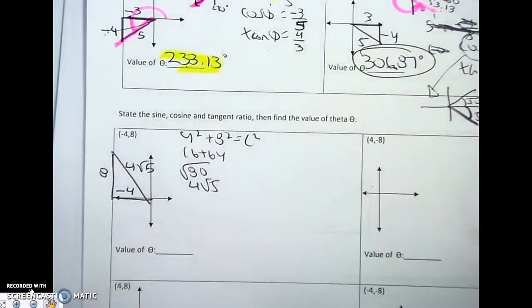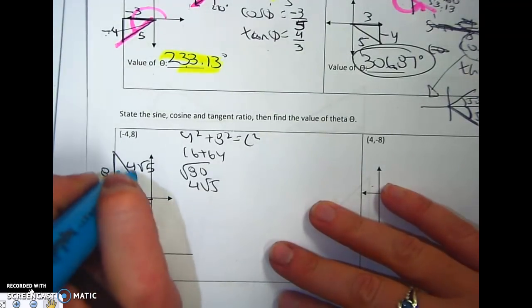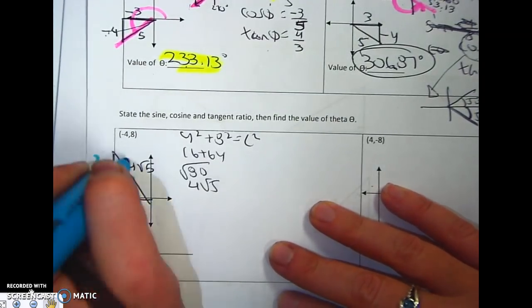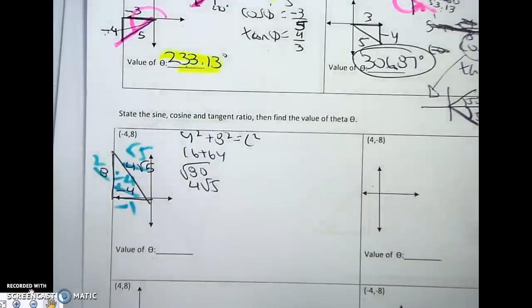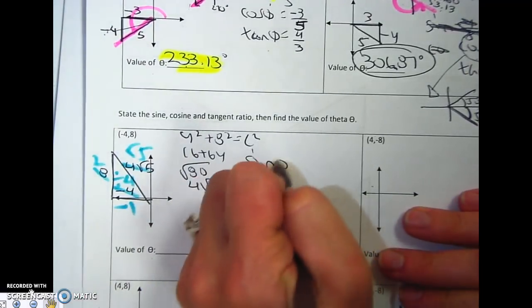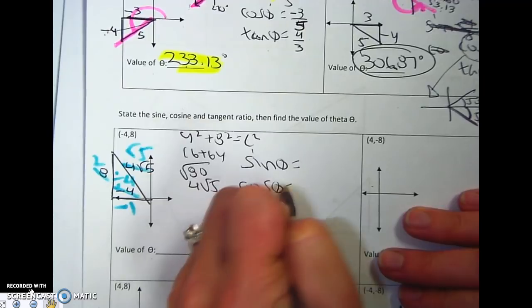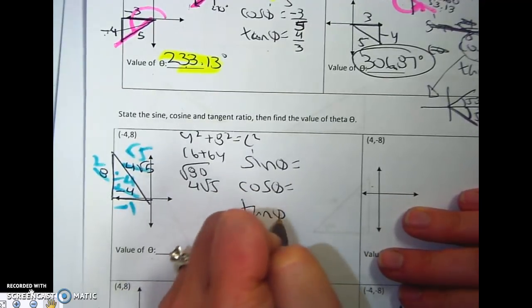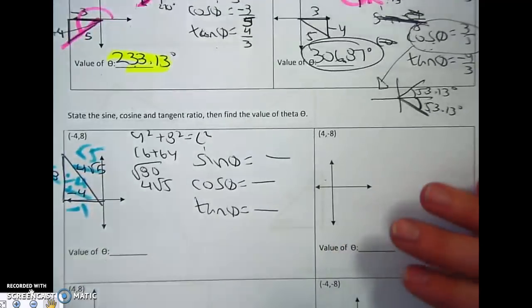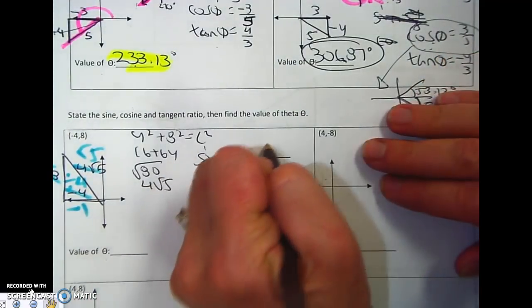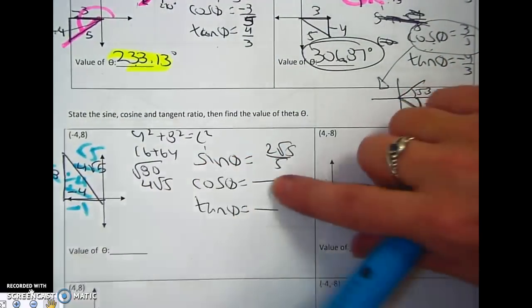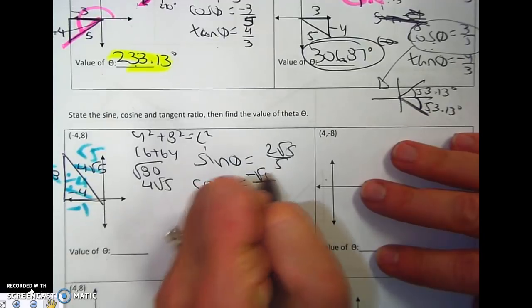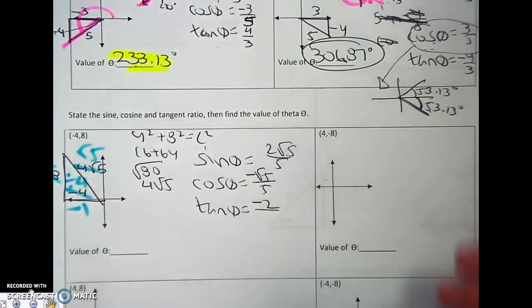Now I know that I'm going to save myself some time by dividing by 4: negative 1, 2, rad 5. Okay? So sine of theta equals, cosine of theta equals, tan of theta equals. Okay, sine is 2 rad 5 over 5, just simplifying it, negative rad 5 over 5, and negative 2.